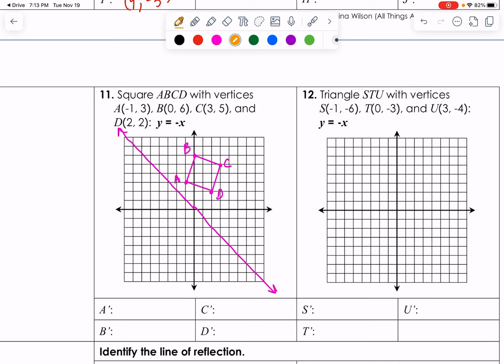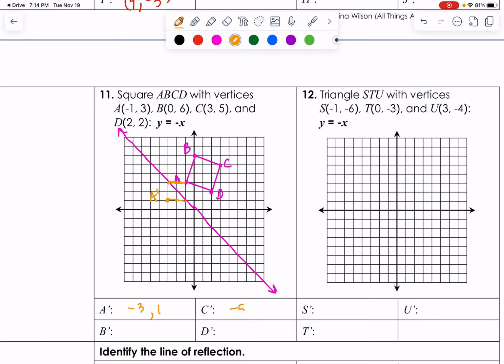This is going to be slightly different because our x is negative. So this time, they change place and they change signs, because A becomes negative 3, 1. So negative 3 up 1 is A prime. Notice that that's over 2, and this is over 2.